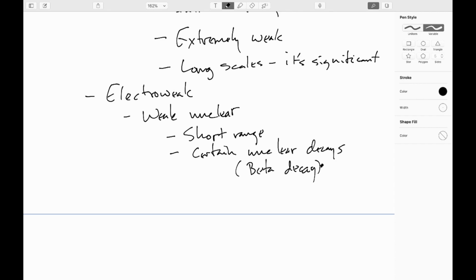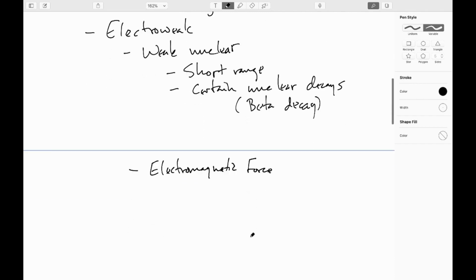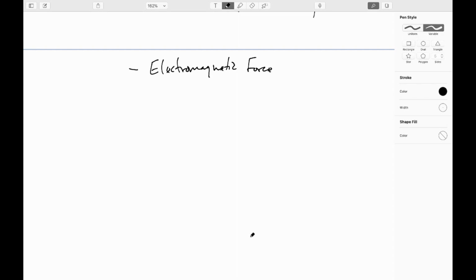The other aspect of it, which, like I say, for practical purposes we can treat as a different force, is the electromagnetic force. Now, with the electromagnetic force, things we know about it, it also has an infinite range.